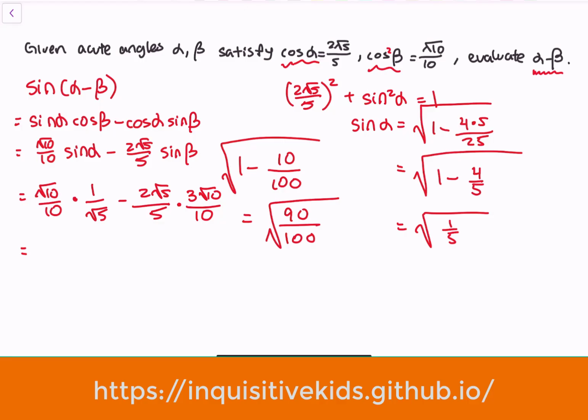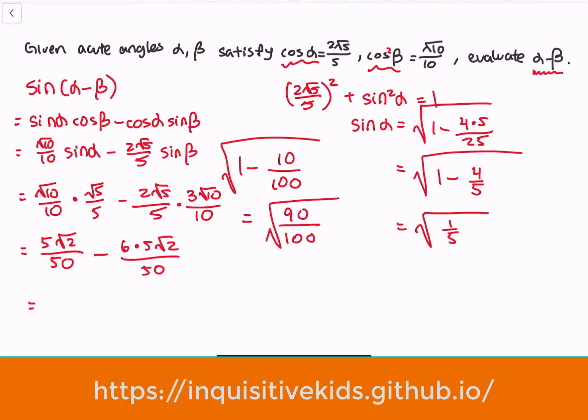And now let's simplify. We've all ended up with numbers, no more trigonometry. The 1 over square root of 5 is the same thing as square root of 5 over 5. So we have 5 times square root of 2 over 50 minus 6 times 5 times the square root of 2 over 50.